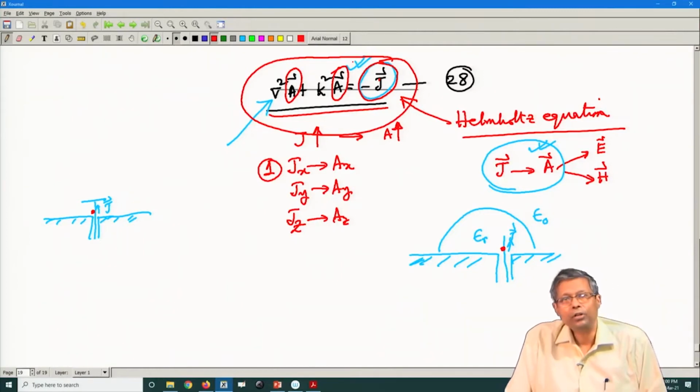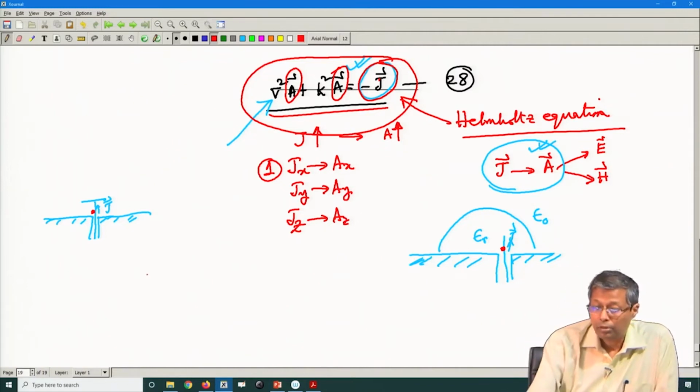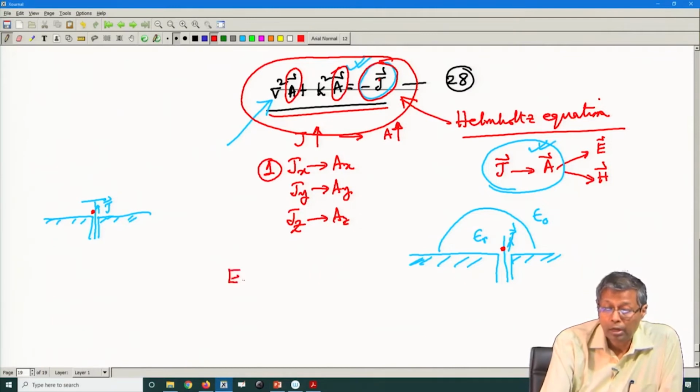Once that Green's function corresponding to the vector potential A is obtained, we can apply the Pocklington's integral, as we said before, to find out the fields, which here will be E z i plus double integral G j z E z j z d s prime equal to 0.